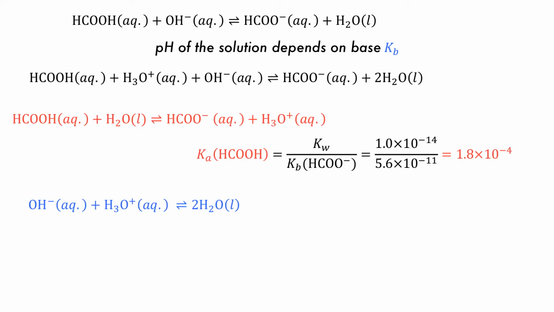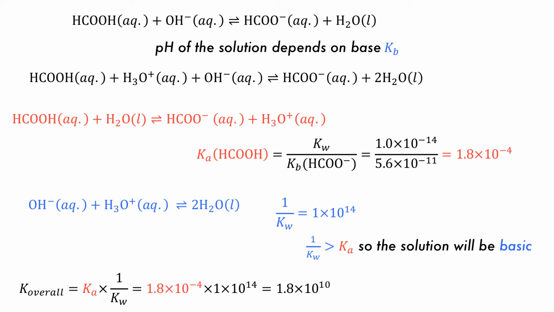Then determine the Ka for the acid, for which the Kb value of the conjugate base is given. Do the same for the base part, which ends up being the inverse of the water ionization, Kw. Thus, the value for the hydroxide part is much larger than Ka, and the solution will be basic, an overall K value that indicates the equilibrium on the side of the products.